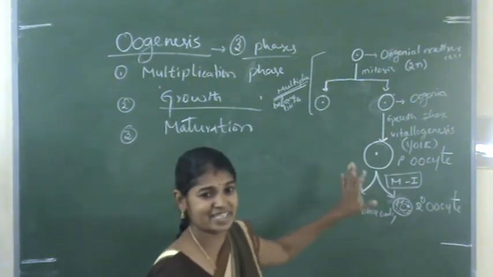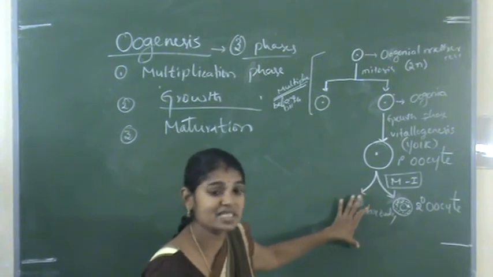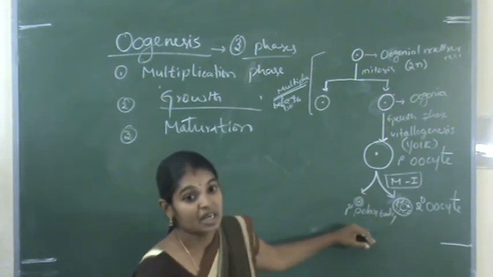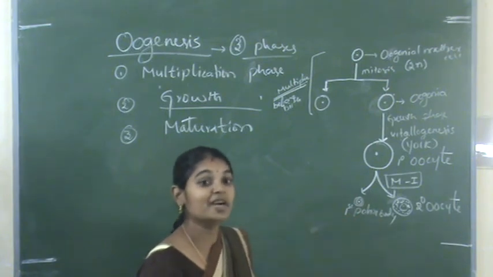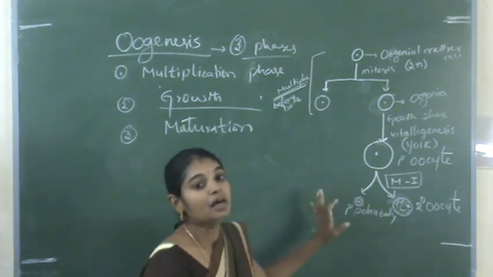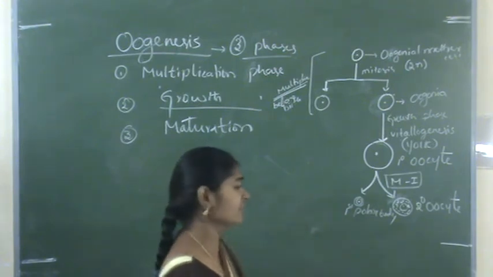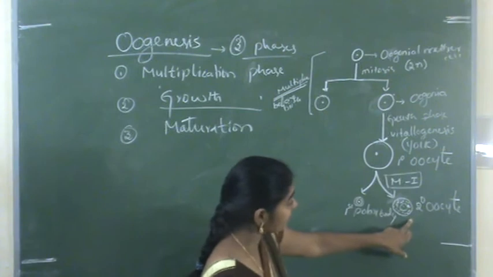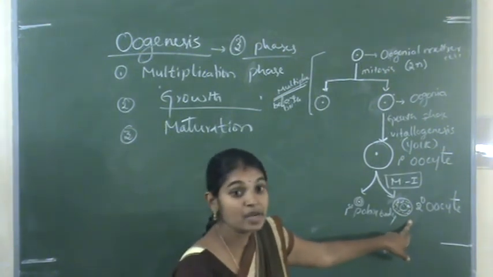It disintegrates afterwards. There is no use for this polar body. But in some cases this polar body is retained in the female body, however in the ovary. However, we don't take this one, we will take only the secondary oocyte.